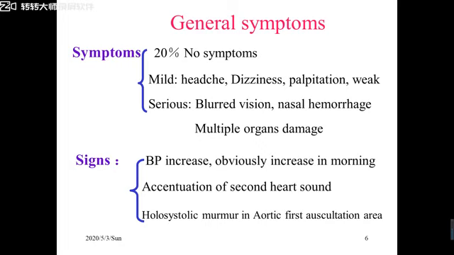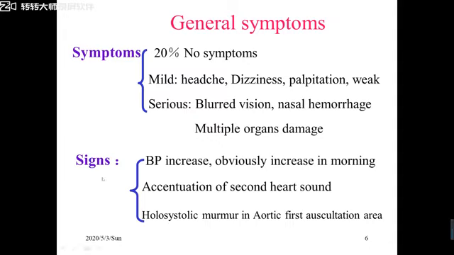Serious hypertension patients have some complications, such as blurred vision, nasal hemorrhage, or gingival hemorrhage, such as multiple organ damage. The worst sequela of hypertension is cerebral hemorrhage.